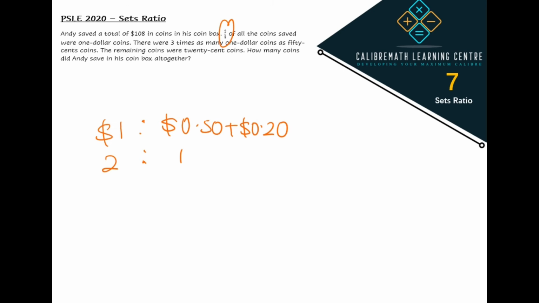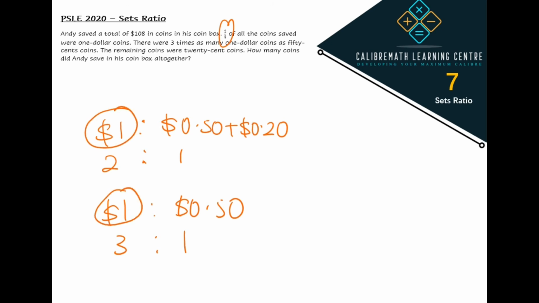And then since you know that another ratio for $1 to 50-cent coins is 3:1, so from here, of course, you could go and connect your $1. So as I say, you can see that connect me is very commonly tested in the P6 papers. And then after you have done your connect me, you can actually apply your sets ratio concept to solve for this question.